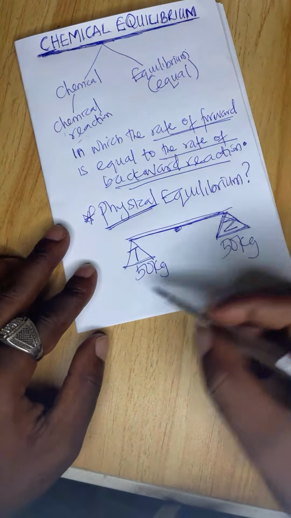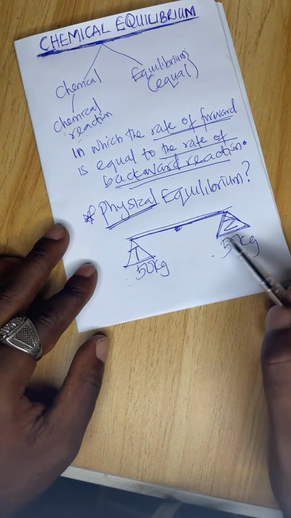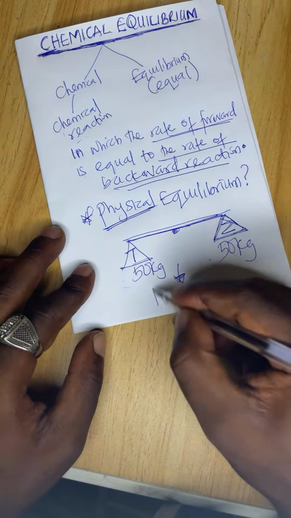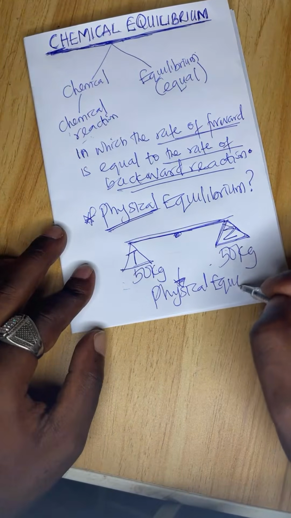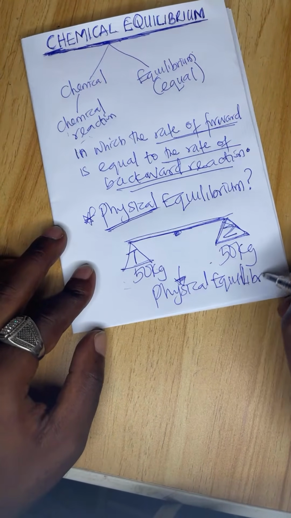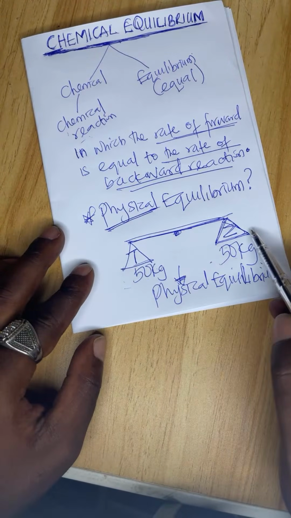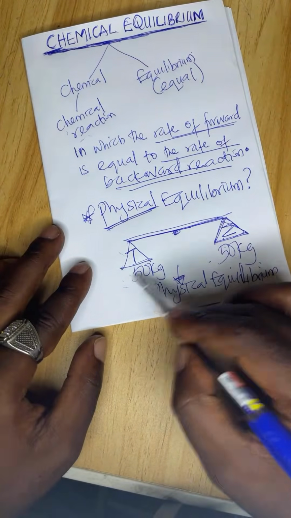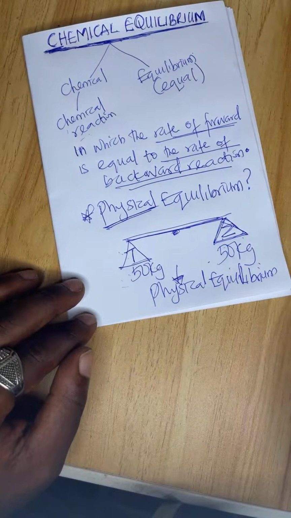But because in this kind of thing there's nothing like a chemical change, it's just physical balance. So we say these guys are in physical equilibrium, because there's nothing like a chemical change. Just two bodies on a seesaw, 50 kilogram, 50 kilogram. Nobody is cheating anybody. They are just in equilibrium.